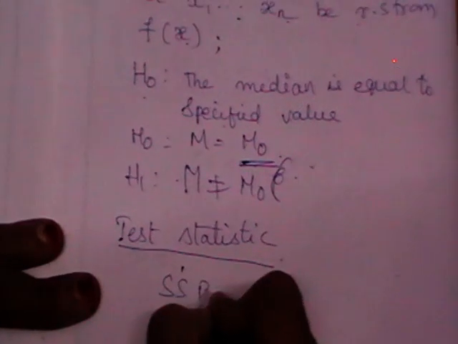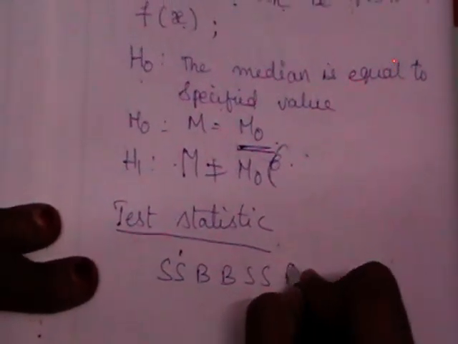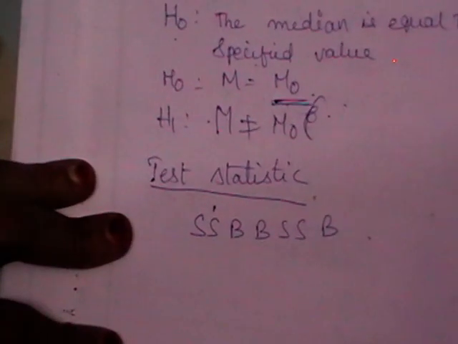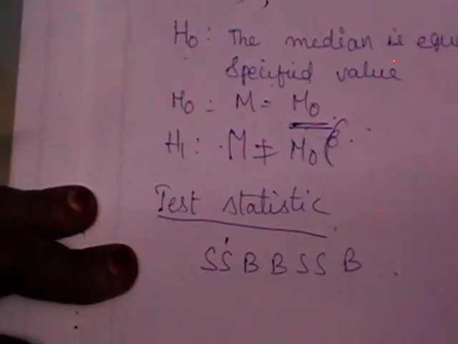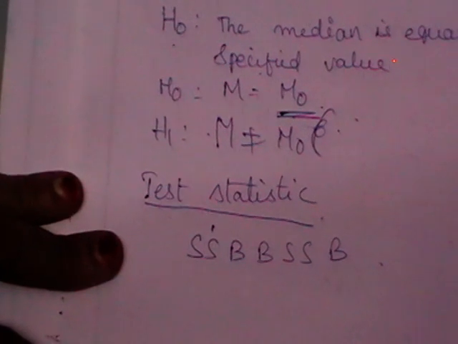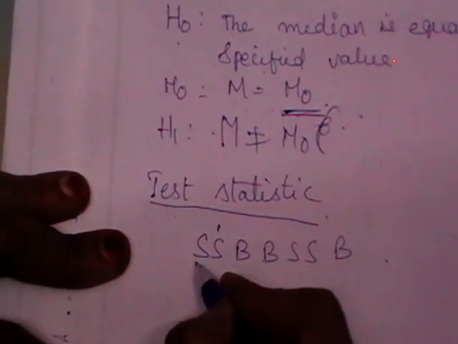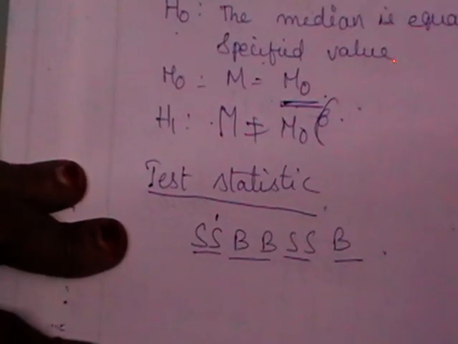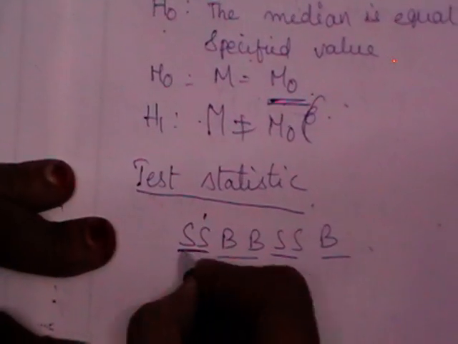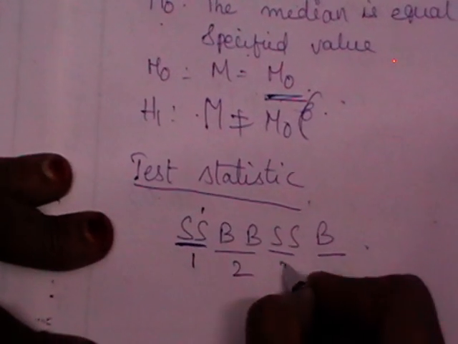Let us see, if I write it this way, just simply as an example, you will observe that we have two different categories of alphabets in this sequence, alphabet S and alphabet B. Two S's are followed by two B's. Again two S's are followed by one B. We are going to call each of these a run: run 1, 2, 3, 4.